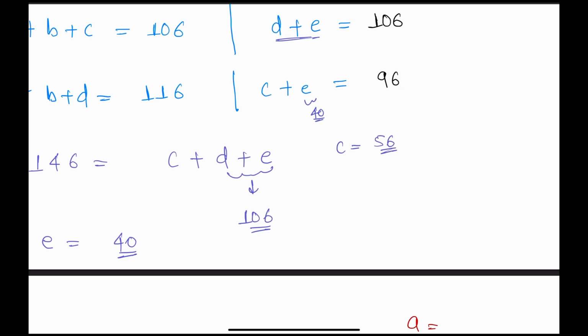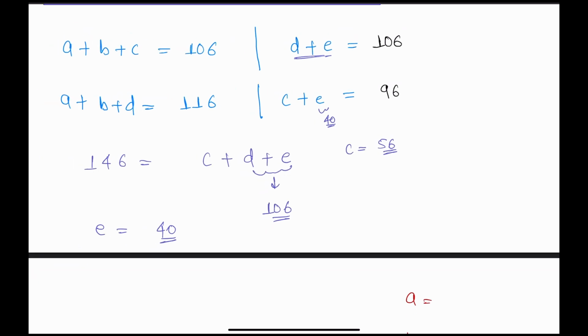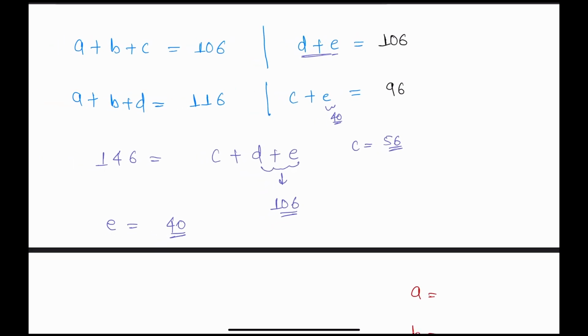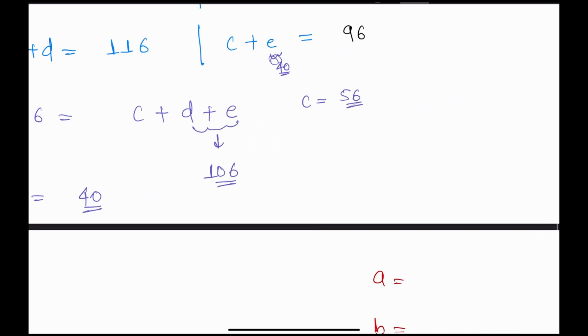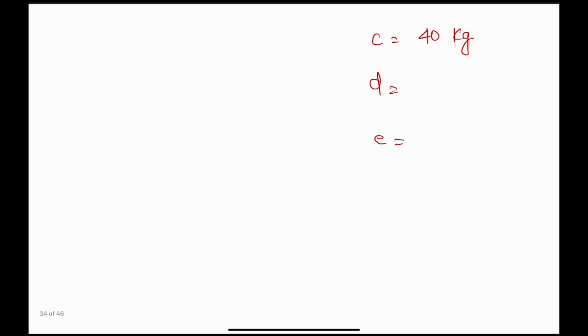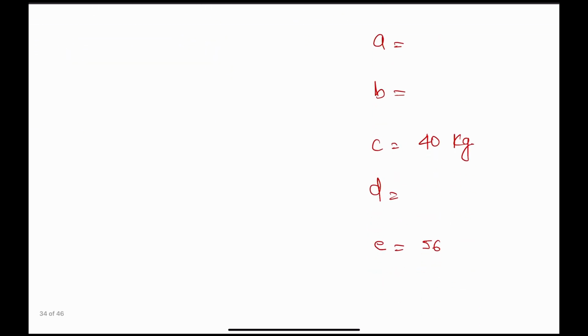Sorry, it's c, na? That's why I'm making mistakes. If c is 40 kg, then our e is 56 kg. e is 56 kg.